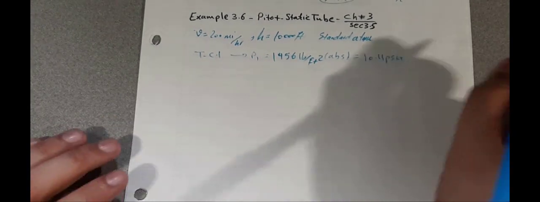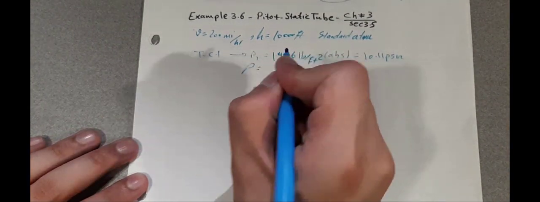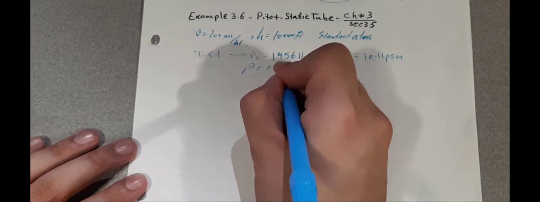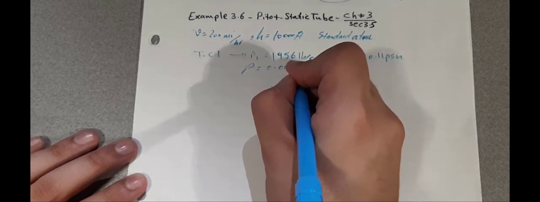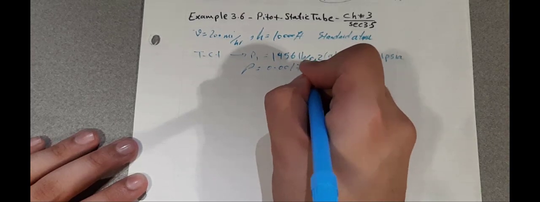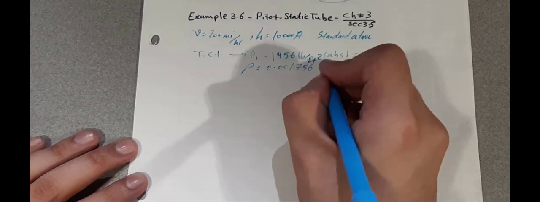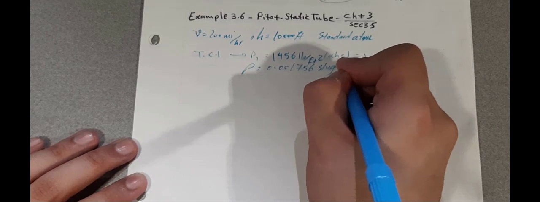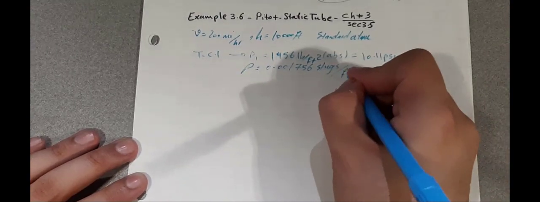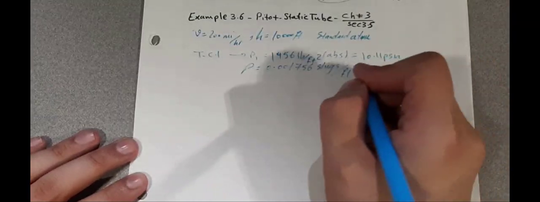And also the density is 0.001756 slugs per cubic foot.